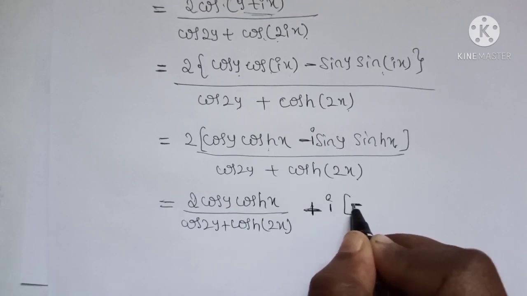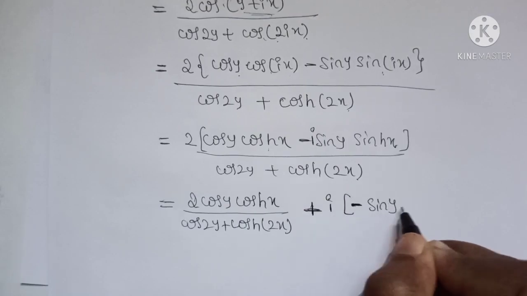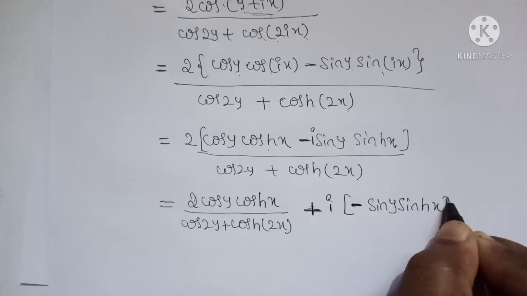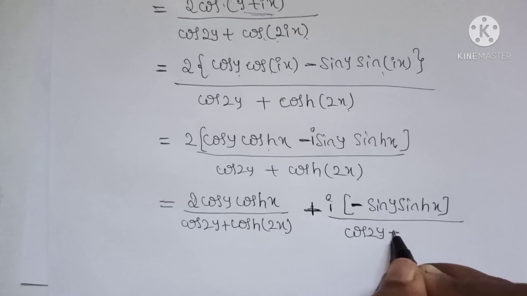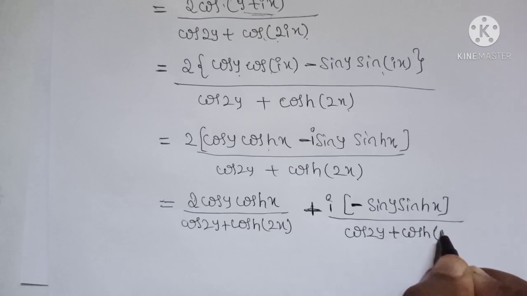Here I take this minus sign, minus sin y sinh x divided by the same denominator, cos 2y plus cosh 2x.